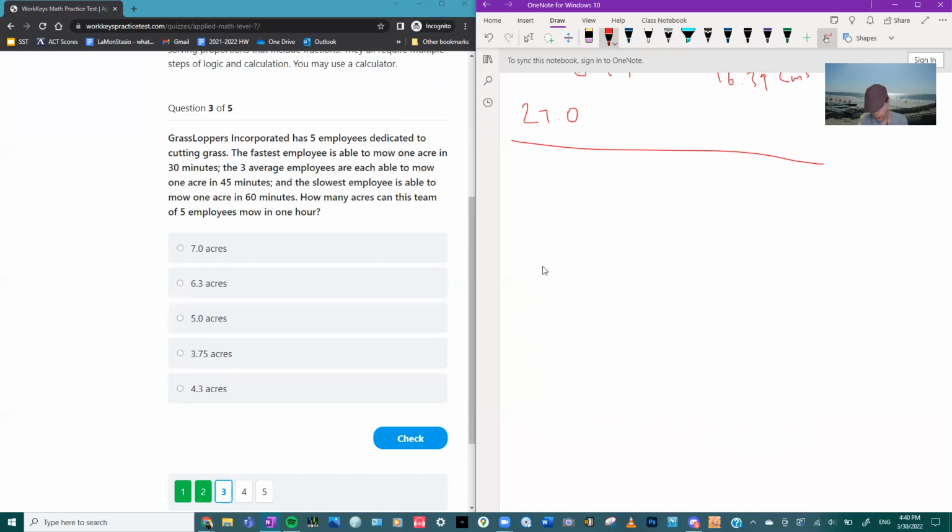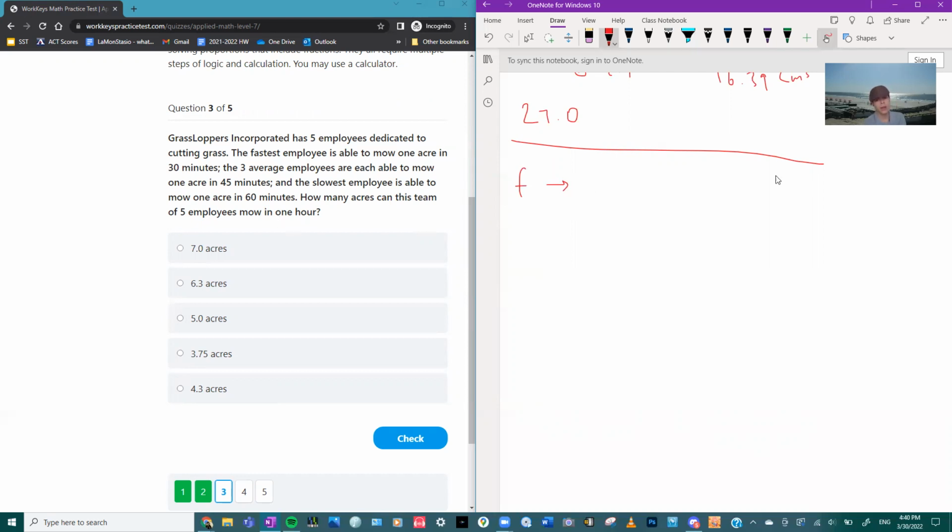And let's see what we do. All right. Let's just write down what we know. There is a fastest employee. Let's just say F, and they can mow 1 acre in 30 minutes.